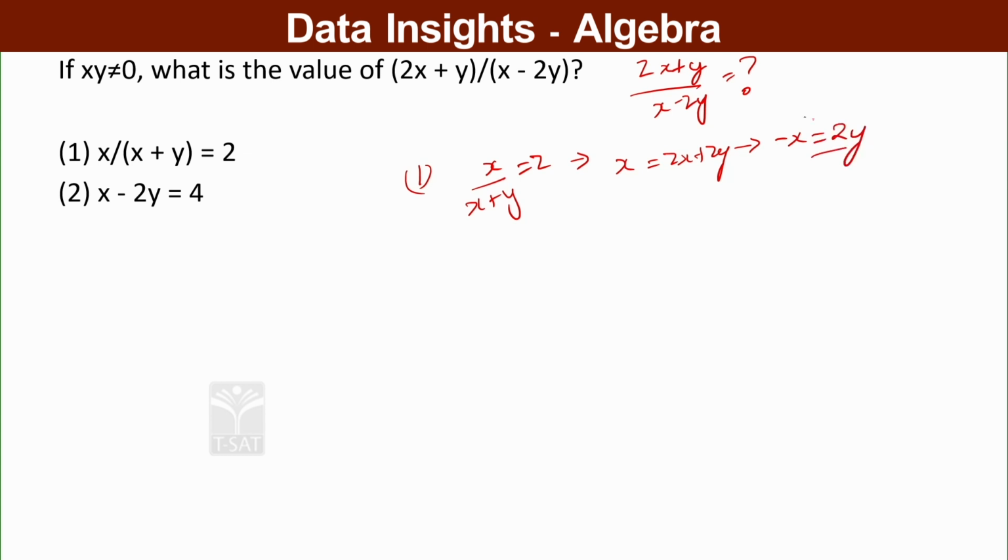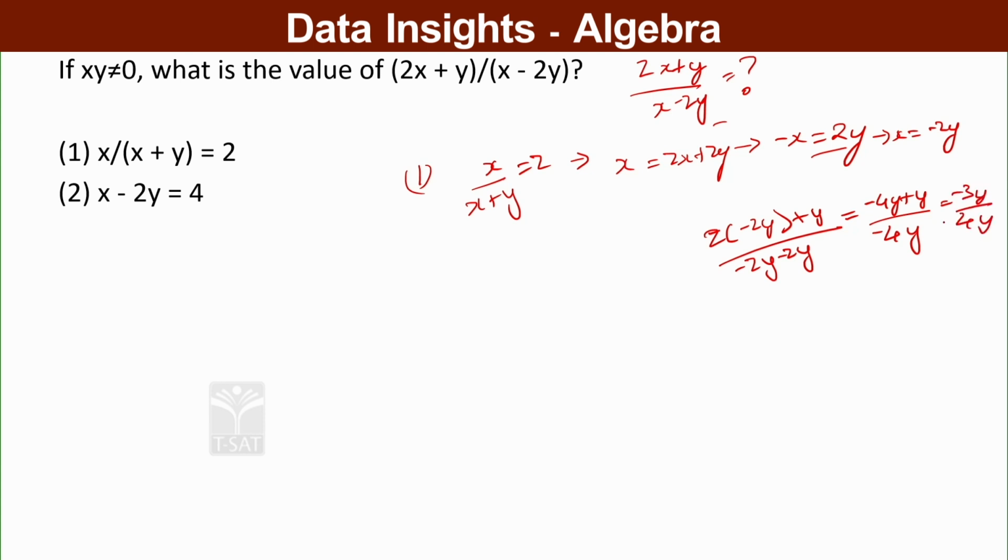By substituting this value into the expression given, x is equal to -2y. So, (2x + y) is -2 into -2y plus y, divided by -2y, which is equal to (-4y + y) divided by -4y, which is equal to -3y divided by -4y.